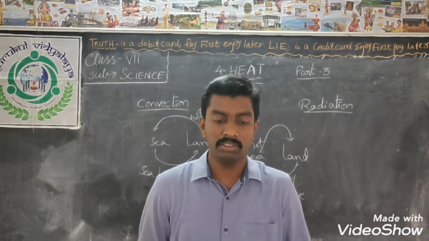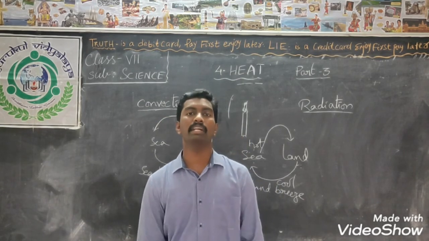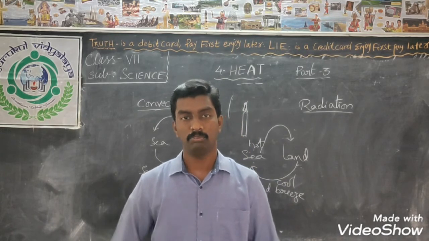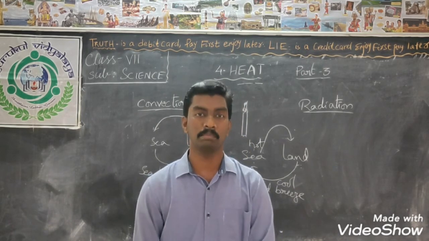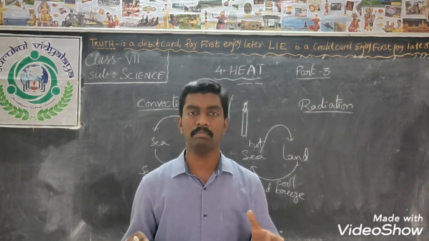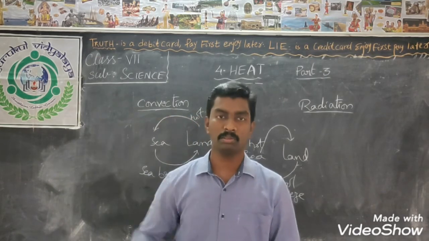Here, one more thing: by this we can understand why we wear dark colored clothes in the winter time and we prefer light colored clothes in the summer time. What will happen? If you prefer light colored cotton clothes in the summer time, while we are walking on the road, the heat is falling on our body.